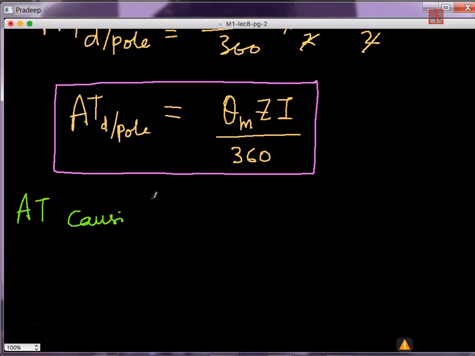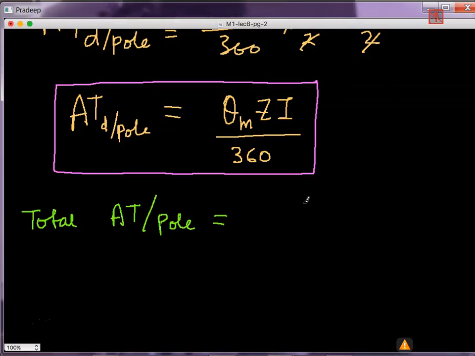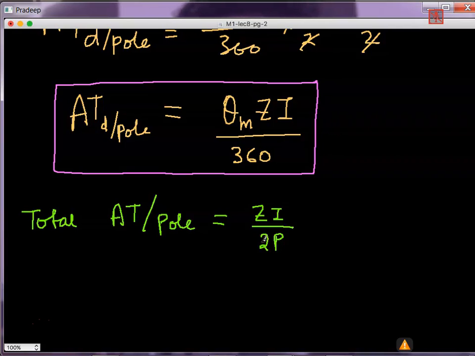The total ampere turns per pole will be nothing but Zi divided by 2p. Why? Because Z by 2 is turns and then Zi by 2 is ampere turns. Per pole means I have to divide by 2p.